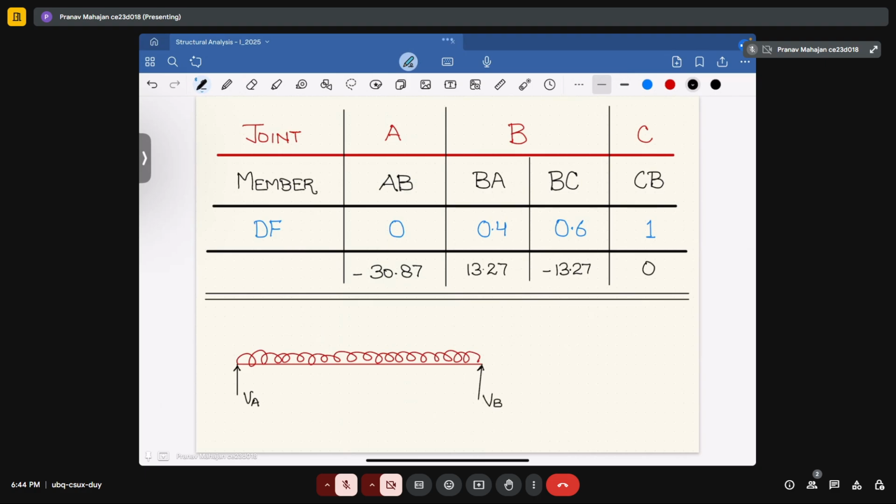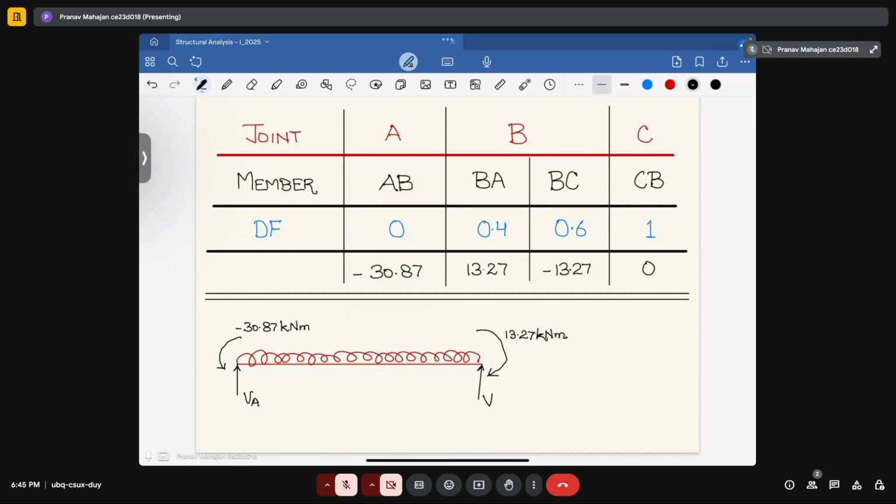And in this case, you can see the moment to be negative. That means an anti-clockwise moment will occur equal to minus 30.87. And here a clockwise moment of 13.27 will come. Okay.